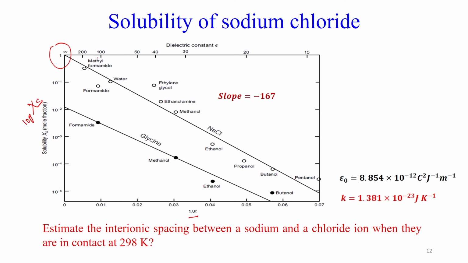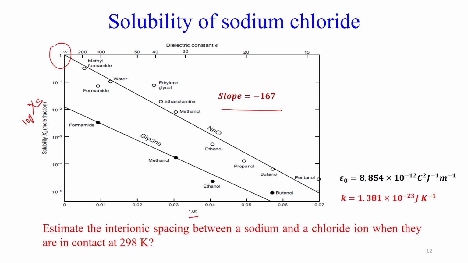You can see different media: methyl formamide, water, ethylene glycol, ethanol, methanol, butanol, pentanol, different solvents with different dielectric constants. We have a linear graph, as expected, and its slope is coming to minus 167.